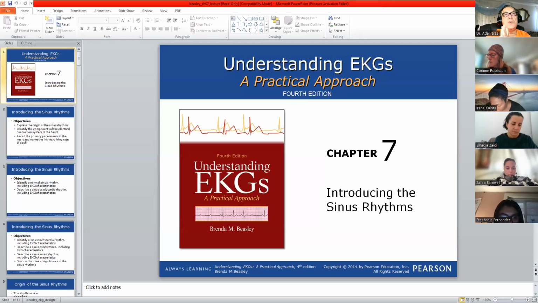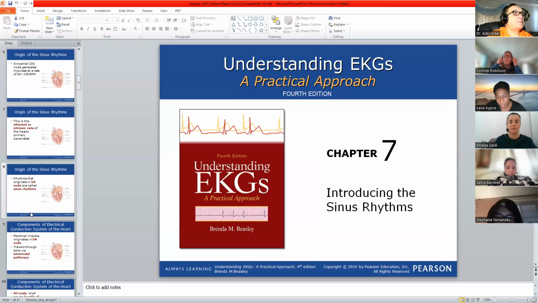And let us go after that to look for if there is a variation in rhythm. We mentioned that the heart should be regular. But if the heart is not regular, this is the situation we are going to discuss together today. Okay, let us go by our slides.